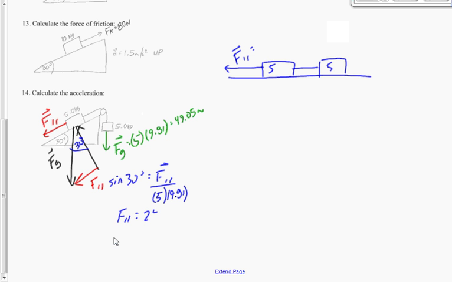Who's got that? 24.525, thank you. So we're going to say 24.525 to the left, 49.05 to the right.